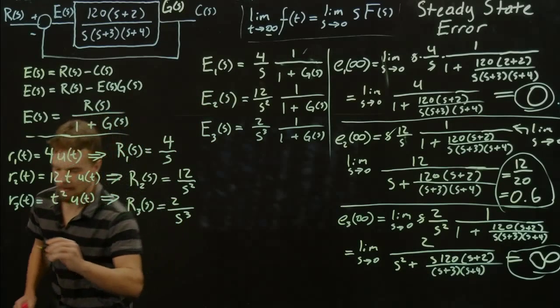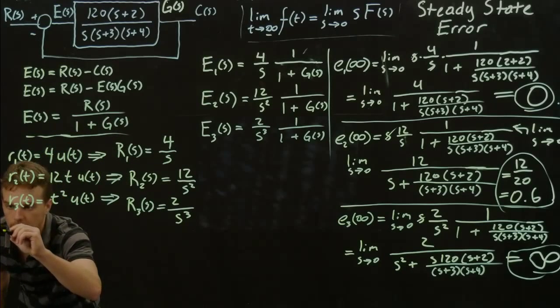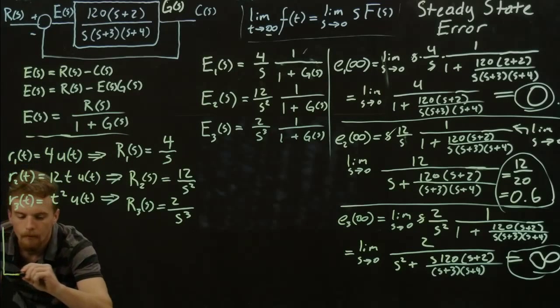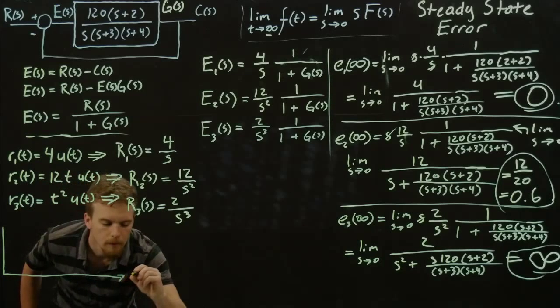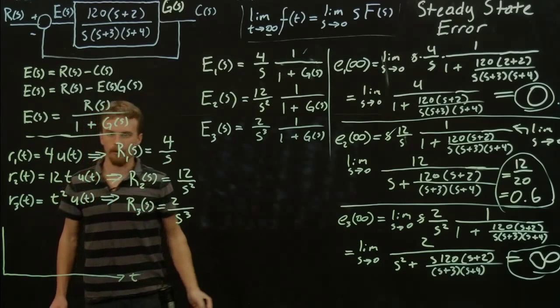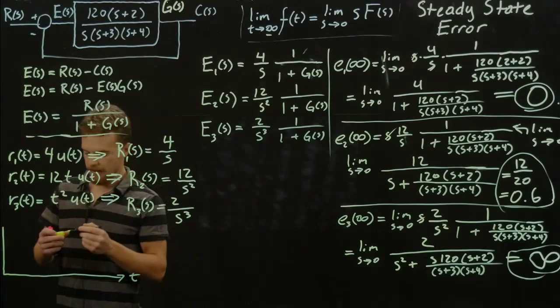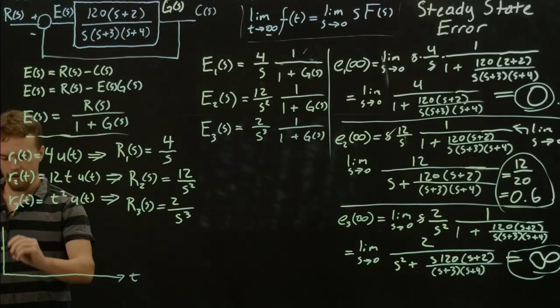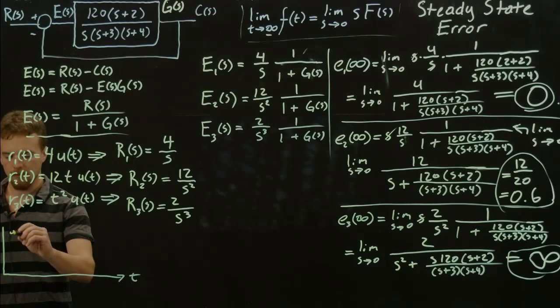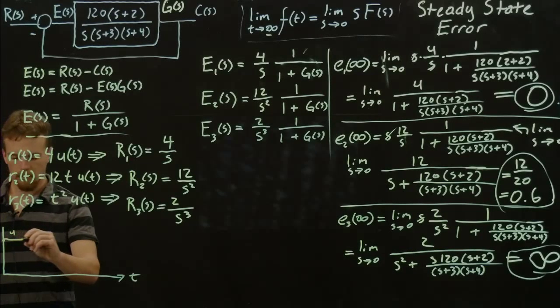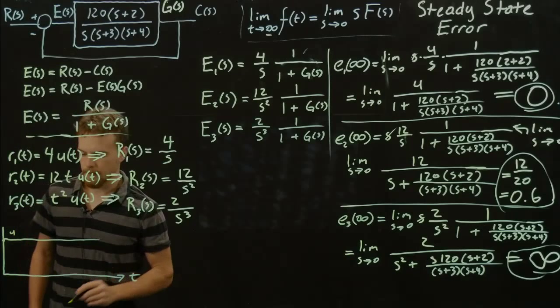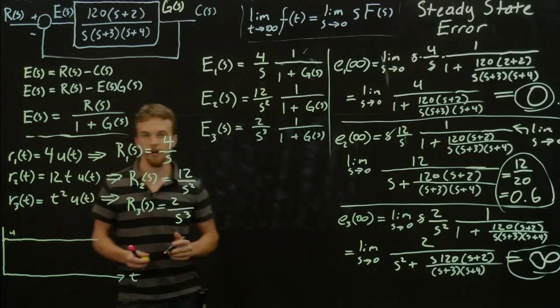So let's start over here. We're working in time domain now. Let's apply a step input in time domain. What did we say it had? Amplitude 4. So that's what our input is, right?